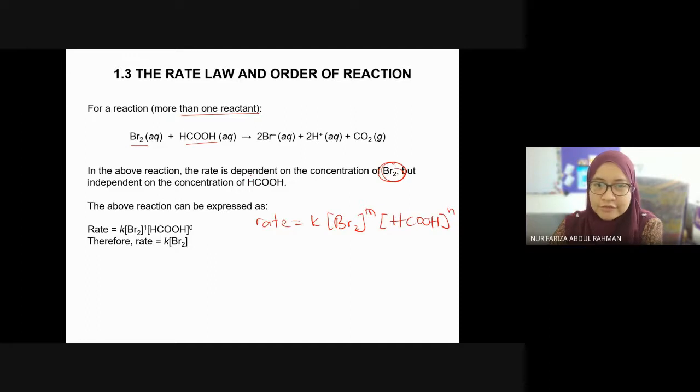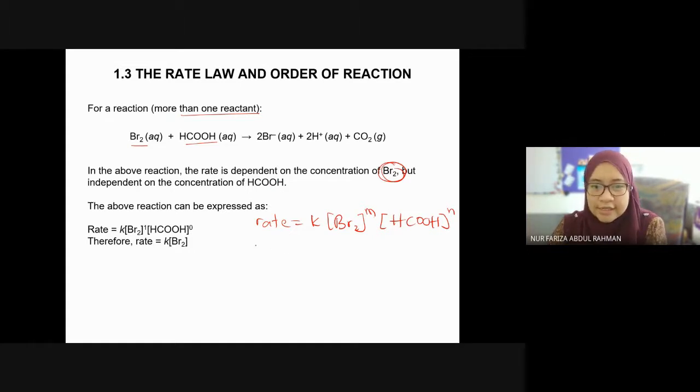So here, I think the question doesn't have enough information, because dependent can be first order or second order. But maybe it means that when we double the concentration, the rate will also double. That means there is a one-to-one relationship. So that's why we choose 1.